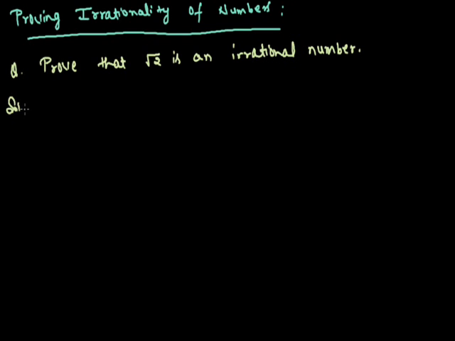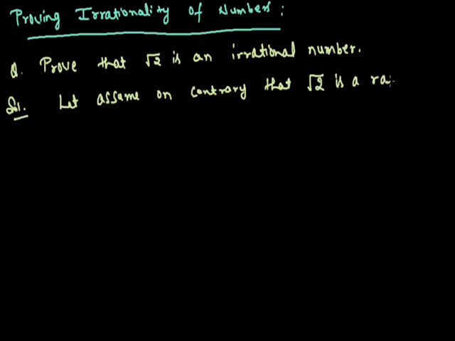Now solution for this. Let us assume on the contrary that root 2 is a rational number.